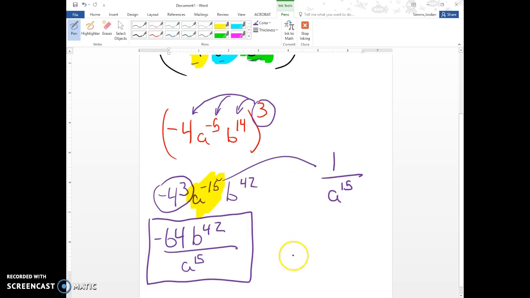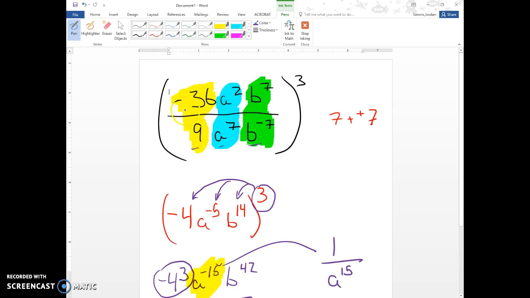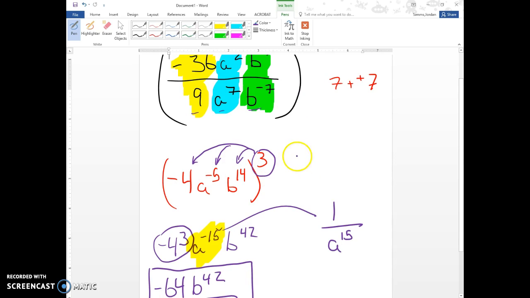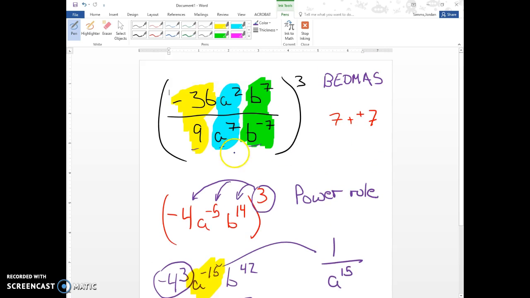Okay, so just to recap, order of operations, we did BEDMAS. I dealt with what's inside the bracket first, breaking it down. Then we had some exponent rules. We used the power rule. And of course up here we used the quotient rule, this is called the quotient rule.